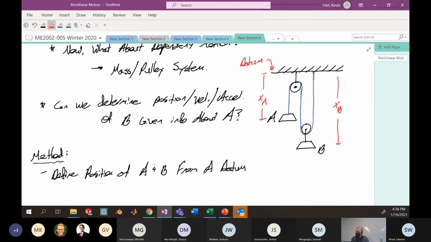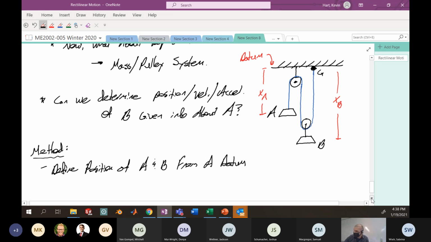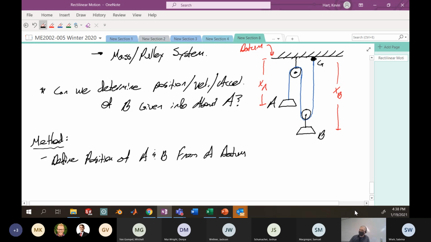I want to make one more definition here. Let's say that we have this point, G, where the rope is running into the wall.